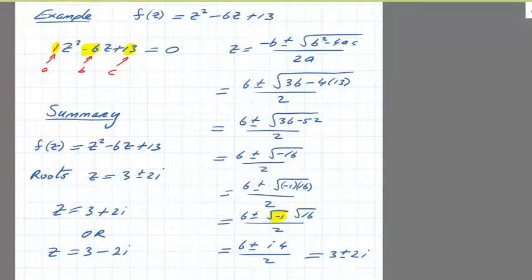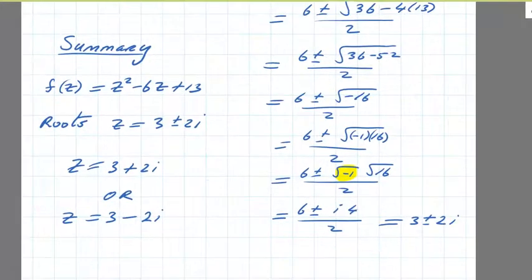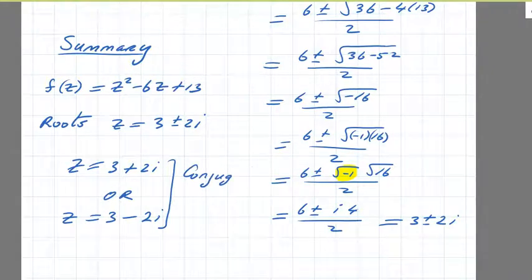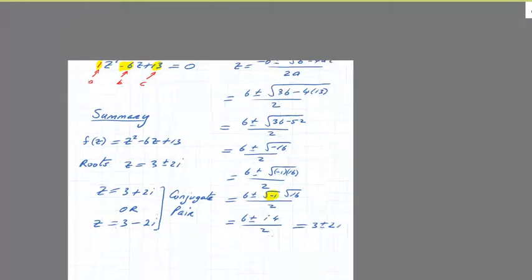That's what a conjugate is: the sign of the i part changes. This is going to be important in a few minutes. Whenever you've got a quadratic like this, the roots occur as what's called a conjugate pair. So we'll make a note of that. They are a conjugate pair.